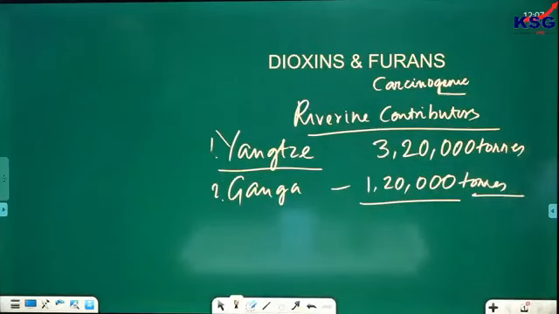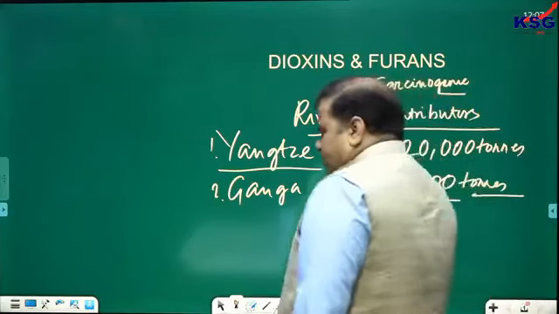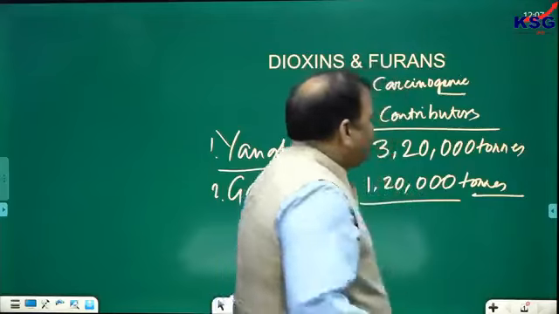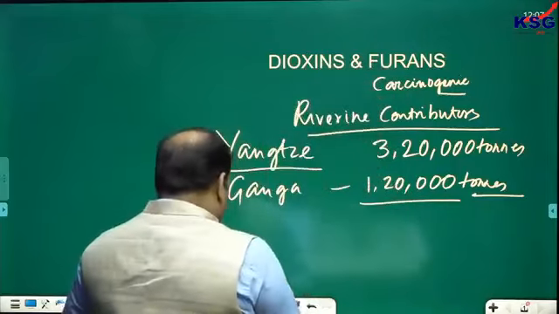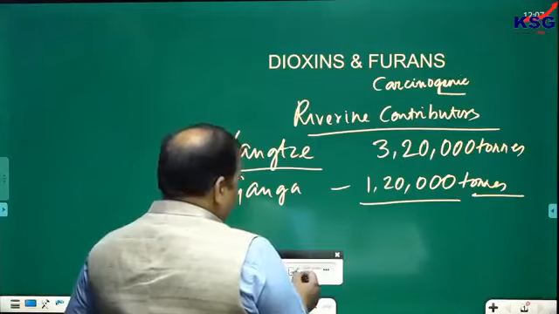Mismanaged plastic in ocean. Clear? Every year it dumps 1,20,000 tons of mismanaged plastic in ocean.